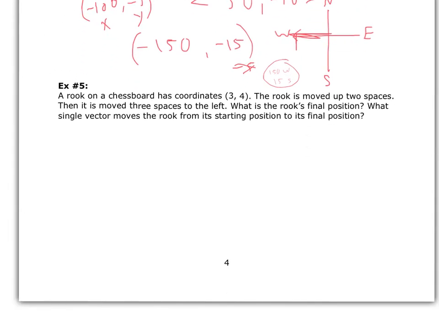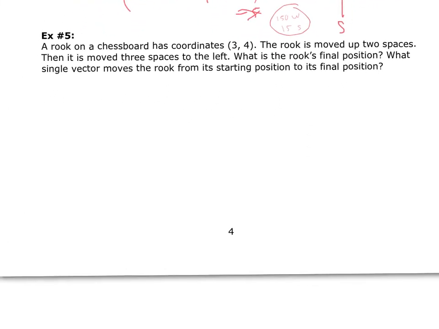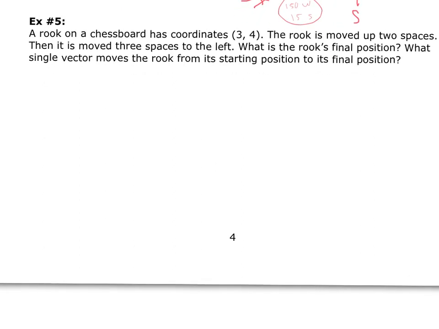Okay, so let's go ahead and try one more, then we'll be done. It says, a rook on a chessboard has coordinates 3, 4. The rook is moved up 2 spaces, then it is moved 3 spaces to the left. What is the rook's final position?